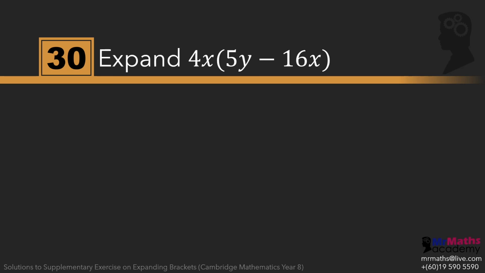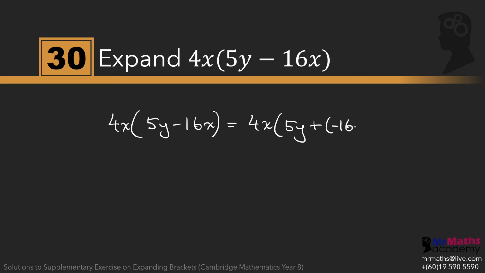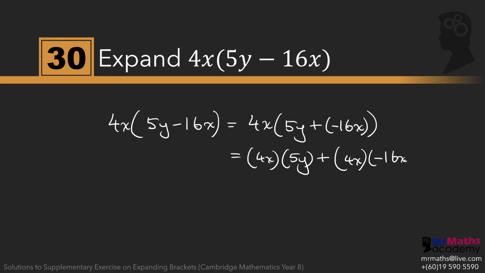Next question. Question 30. 4x to be multiplied by 5y minus 16x. I'm going to include minus 16x inside a separate bracket. So now 4x times 5y plus 4x again times minus 16x. 4 times 5 is 20, and then xy.